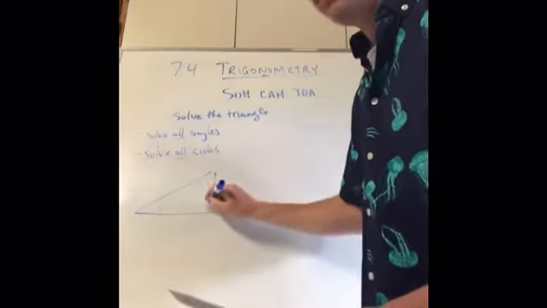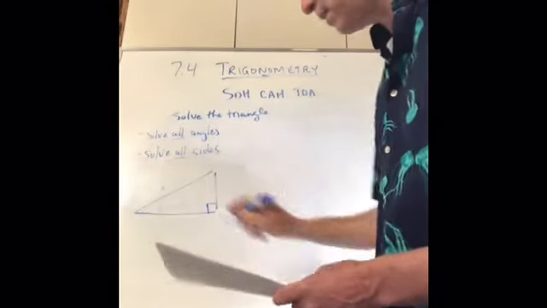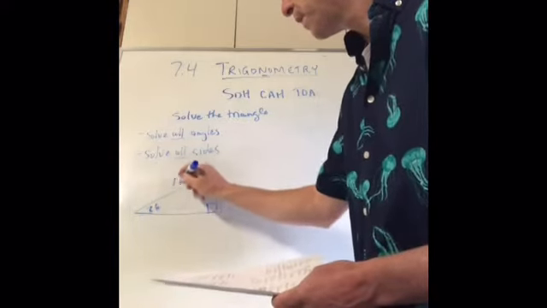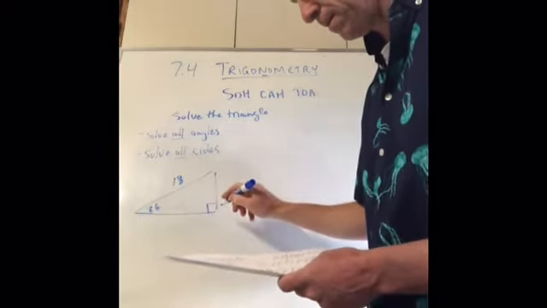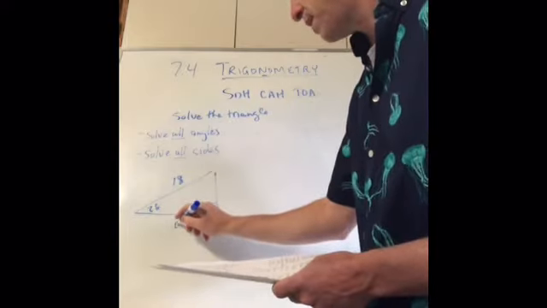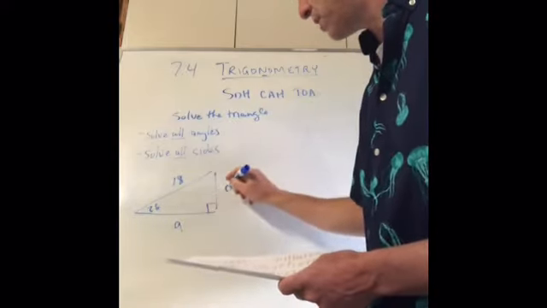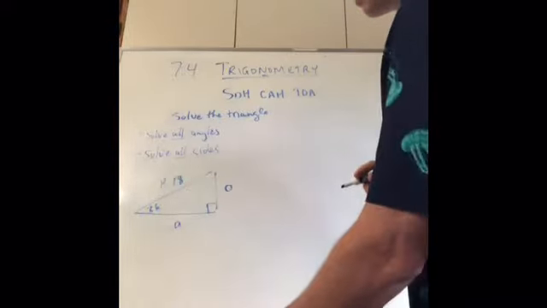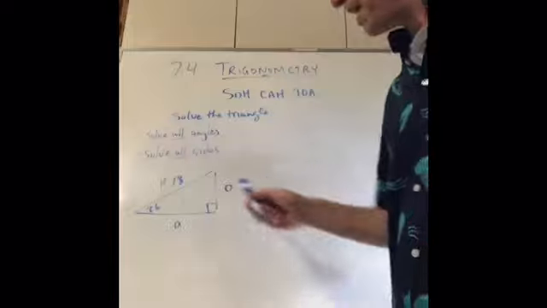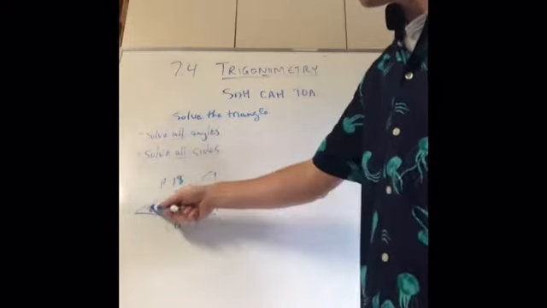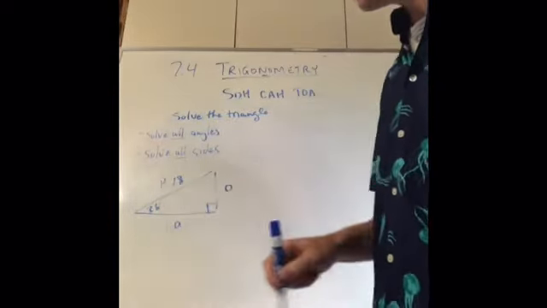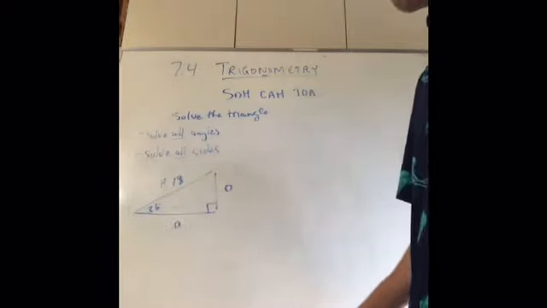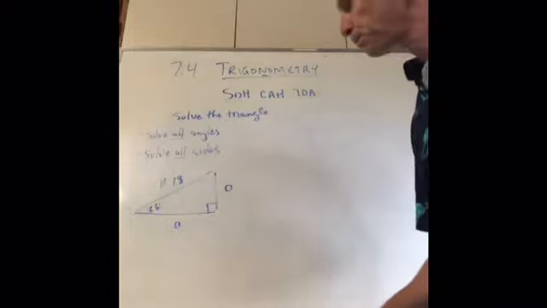So if we have a right angle triangle here, this is 18 long, and we'll call this side A and we'll call this side O, because this is the hypotenuse. In this case, we have one angle that we don't know. We know 36 degrees and we know 90 degrees. And we only have one side here. So we're going to solve for the other 2 sides and for the missing angle.